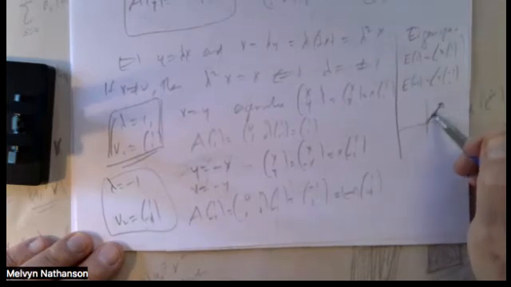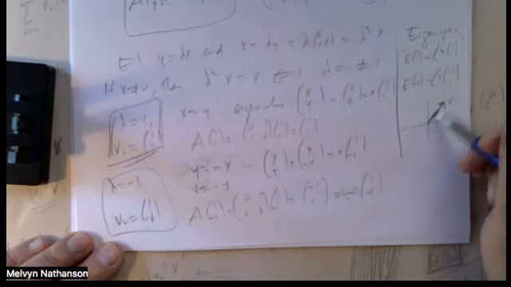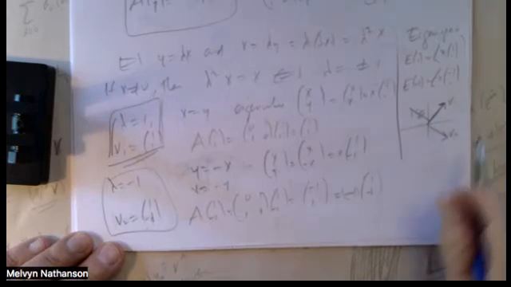So for this linear map, this is the vector (1, 1). That's an eigenvector with eigenvalue 1. And (1, minus 1), that's the vector v2. That's an eigenvector with eigenvalue minus 1.